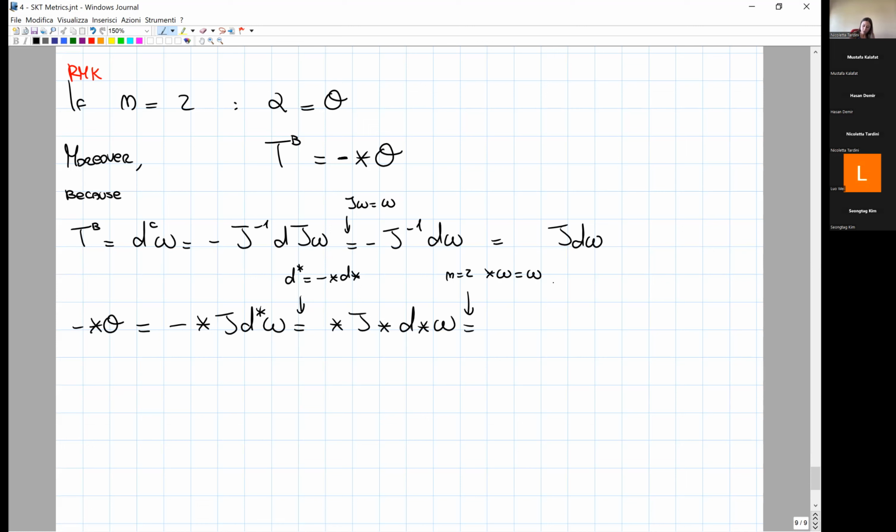And also, this is true in general, star and J commute because J is compatible with the metric. So we have star squared J d omega. So this is minus J d omega. So you see the torsion of the Bismut connection is equal to minus star theta.